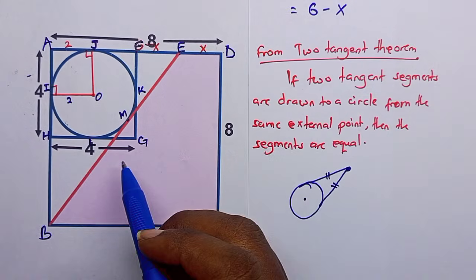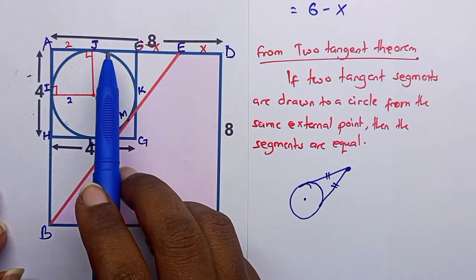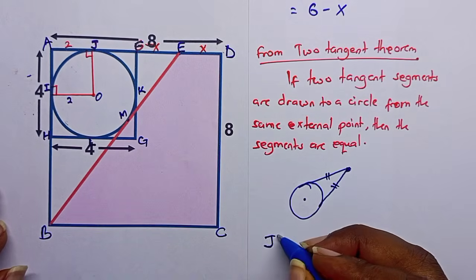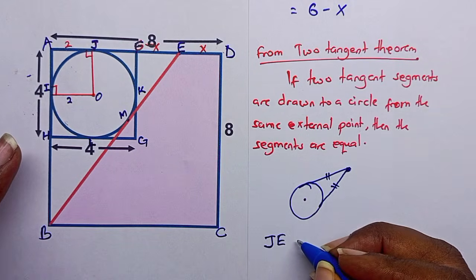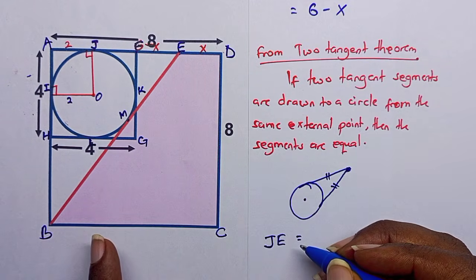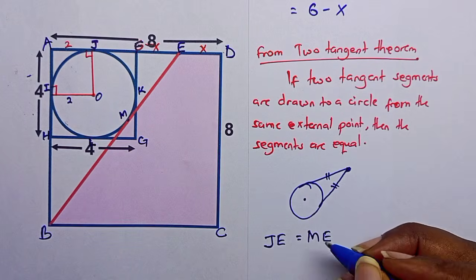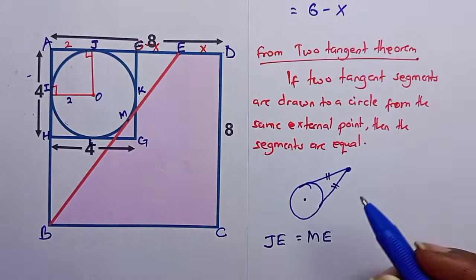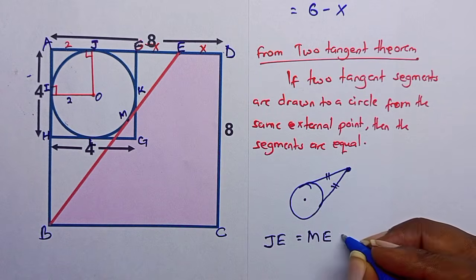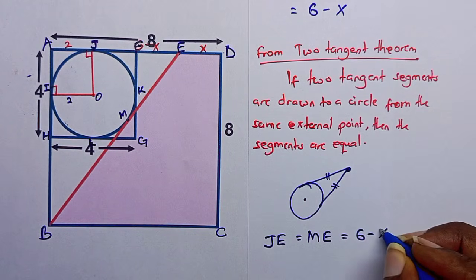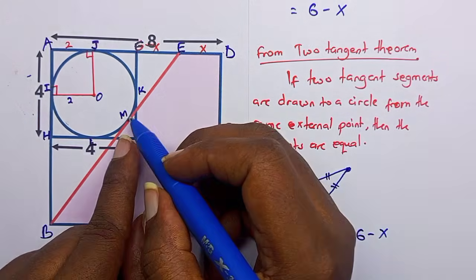Going back to our figure, segment JE is equal to segment ME, and we have seen that JE is 6 minus X. So ME is also 6 minus X.